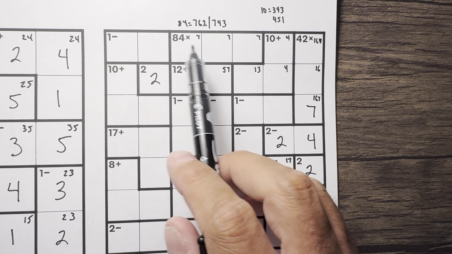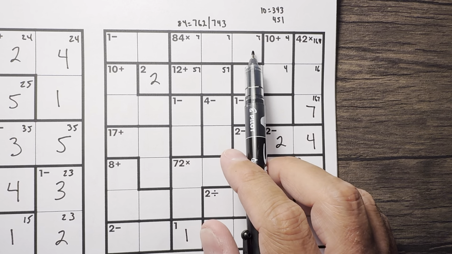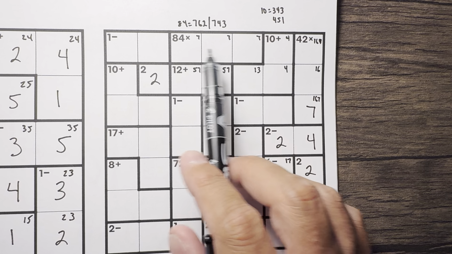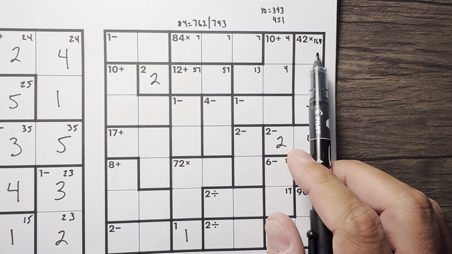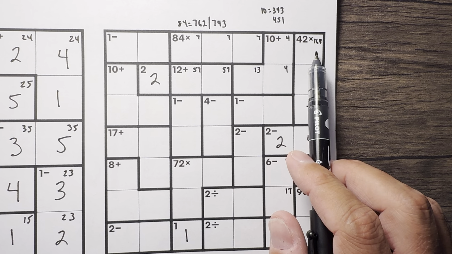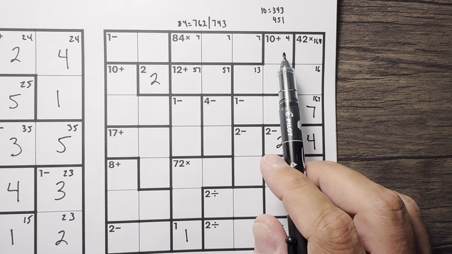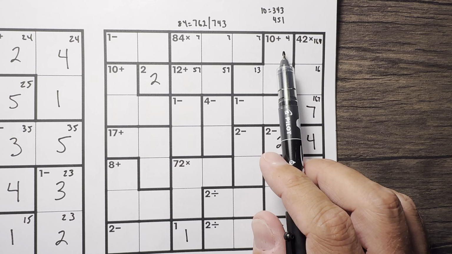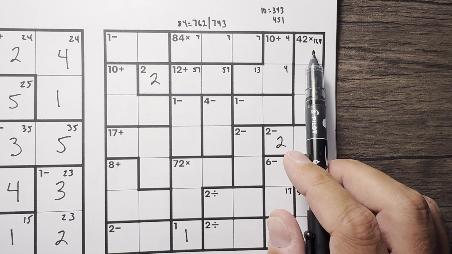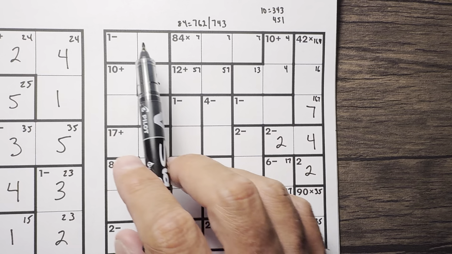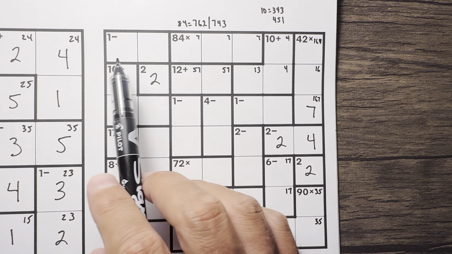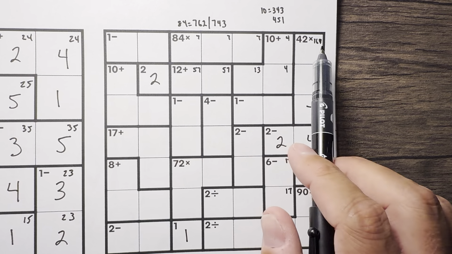Might want some scratch paper for this one. If this is 7, 6, 2, this becomes a 1. Still all kinds of things work here. 3, 4, and 5 are all fair game. There's a lot of options for that one.